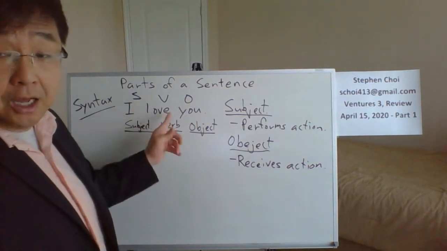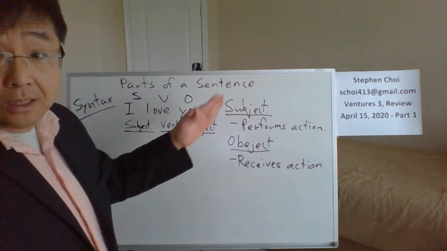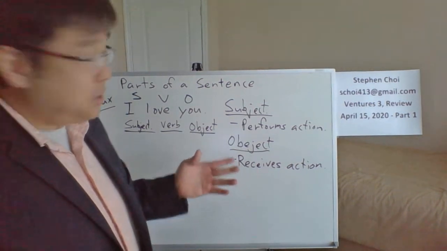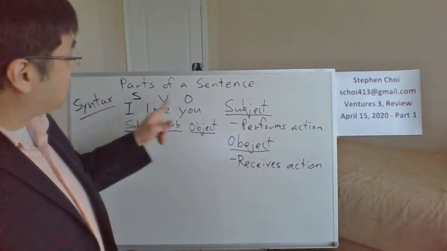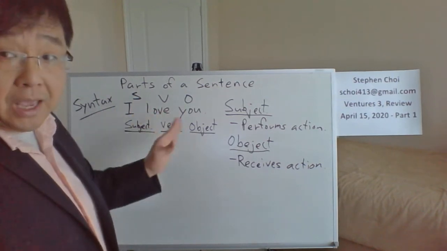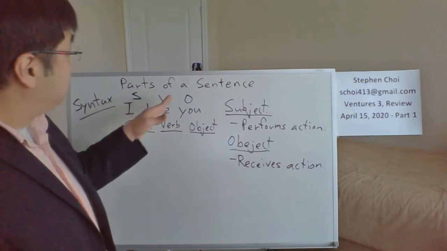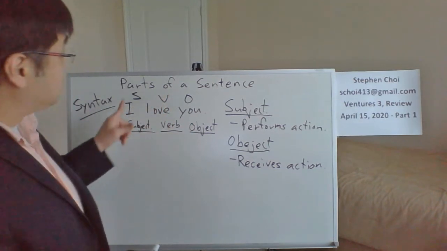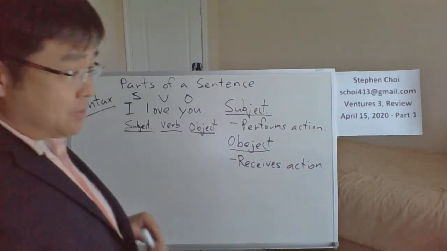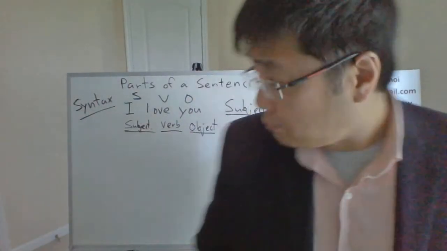I love you. I hit the board. Now some languages like Korean and Spanish are really subject, object, verb. It's like yo te amo, right? Subject, object, verb. But in English, subject, verb, object is the normal flow.